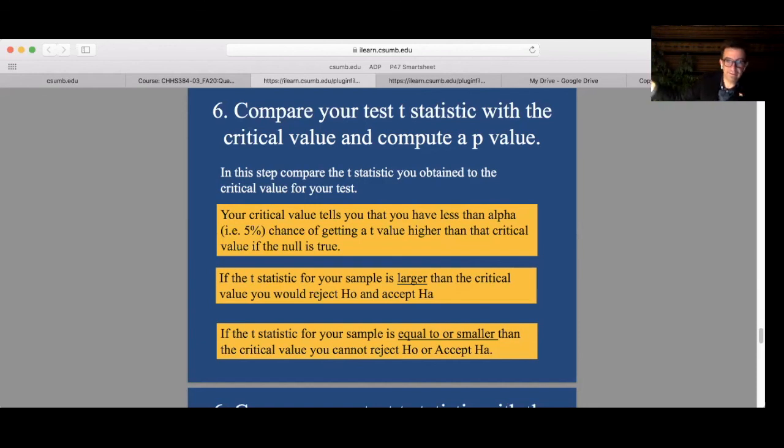But if your t-statistic for your sample is equal or smaller than the critical value, you cannot reject the null hypothesis. And you cannot accept it either, and you cannot accept the alternative, right? So you just say, there is no evidence to say anything here.